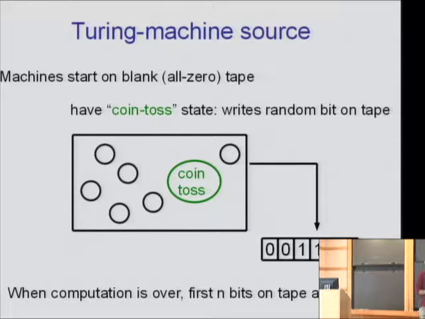I'm saying you can write a completely random string from position n to 2n, then compute some function of it by a Turing machine in n squared time. The important thing is that the random tape is just one tape, and you have sequential access to it.